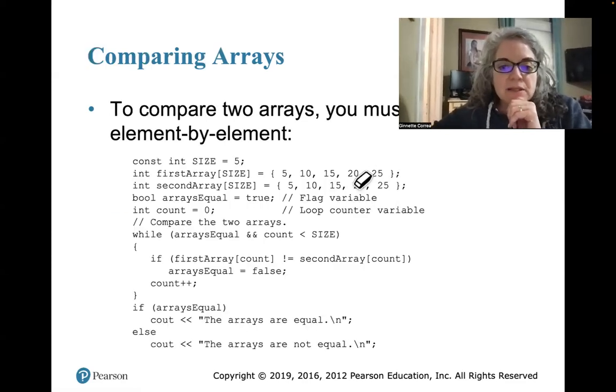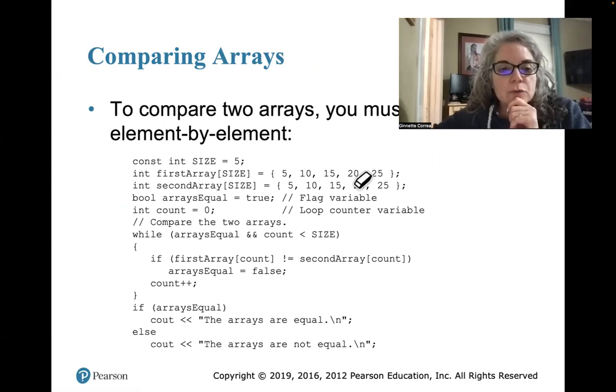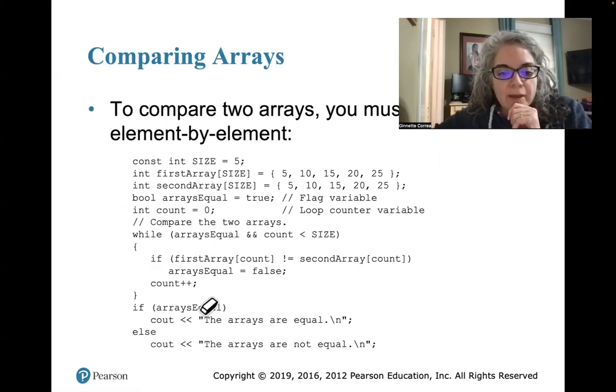Comparing arrays. So this is an example of how to compare arrays. So here, arrays equal. Okay, so this program, if the arrays are exactly the same, if they're equal, it's going to print the arrays are equal.